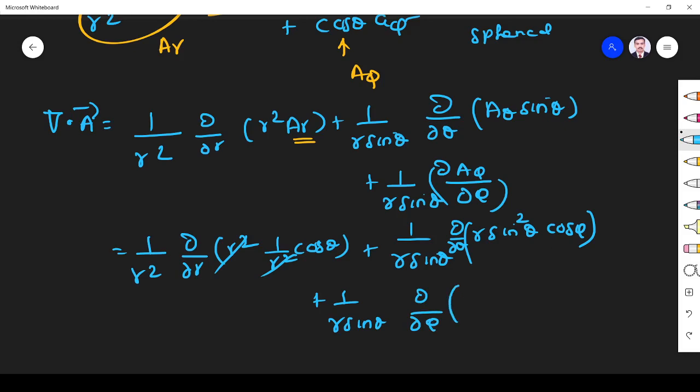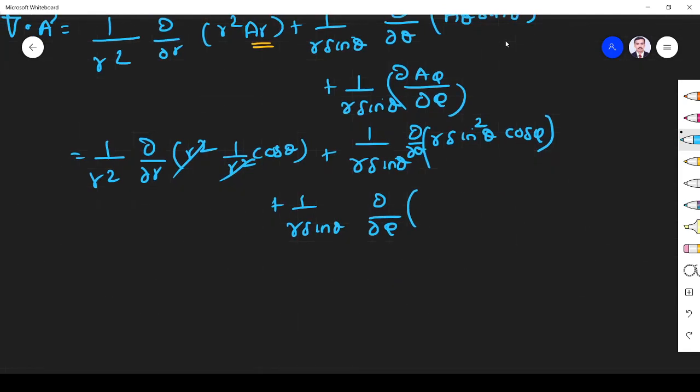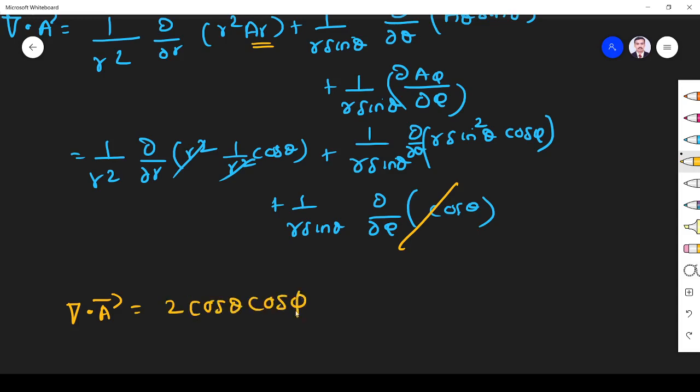What is A phi? A phi is cos theta only. So what is the differentiation of cos theta with respect to phi? This will be a constant, so it will be cancelled. So simple, after differentiation, what you get is del dot A is equal to 2 cos theta cos phi.